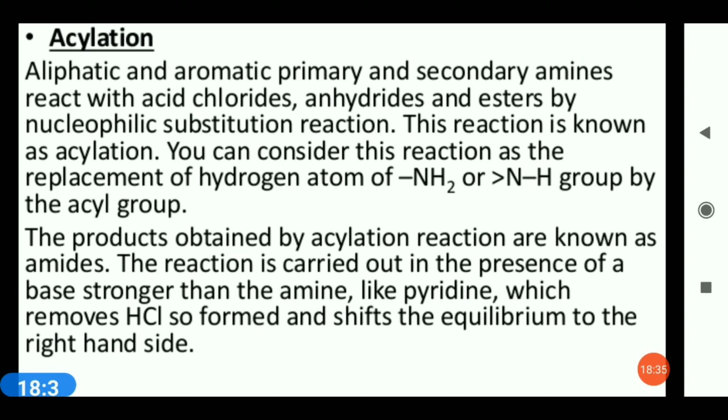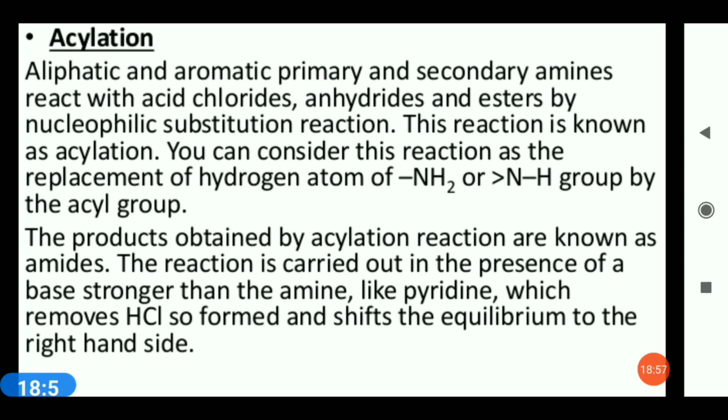So when we see the reaction of acylation, aliphatic and aromatic primary and secondary amines react with the acid chloride, anhydride and esters by nucleophilic substitution reaction, and this reaction is known as the acylation reaction.